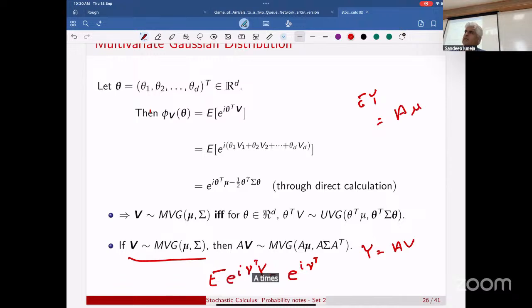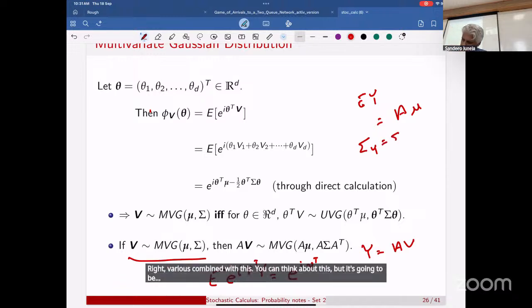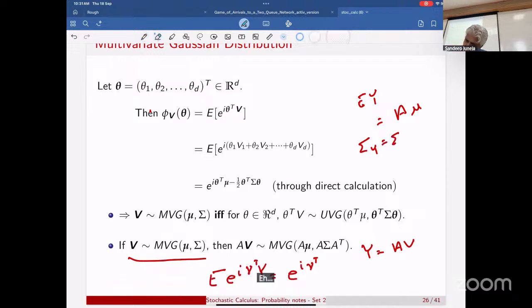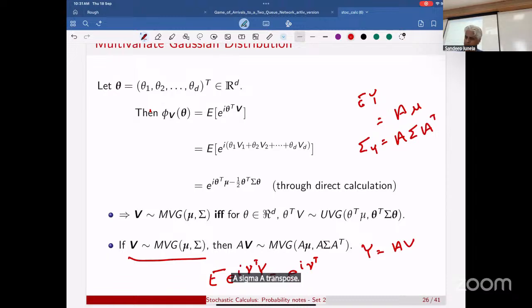A times mu, right? And what's the variance of Y? A squared times sigma. Right, the variance covariance, so it's going to be A sigma A transpose.